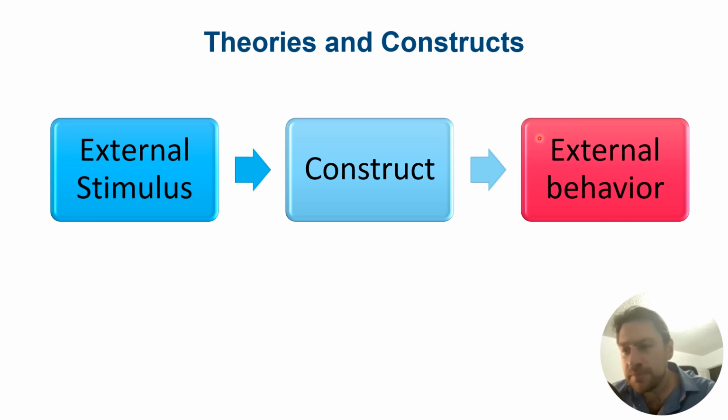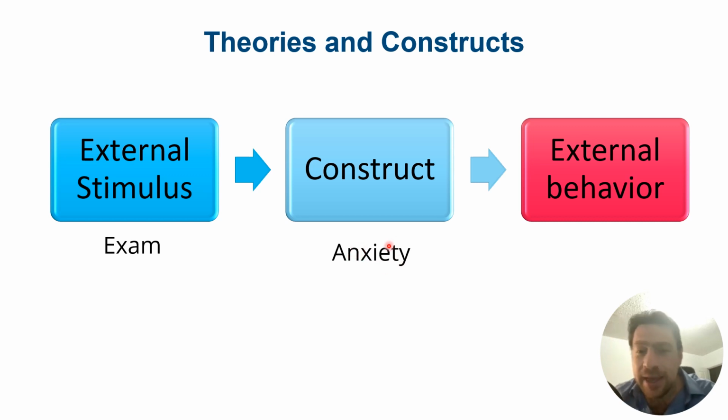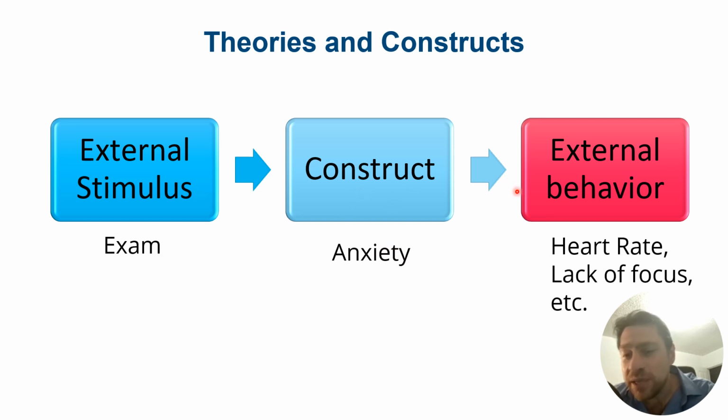For example, let's say you have an exam coming up. Okay, the exam is the external stimulus. The exam affects a psychological construct. For example, anxiety, and your anxiety levels go up. And the anxiety, the construct, affects some external behavior. For example, lack of focus, or maybe physiology, such as heart rate or blood pressure.